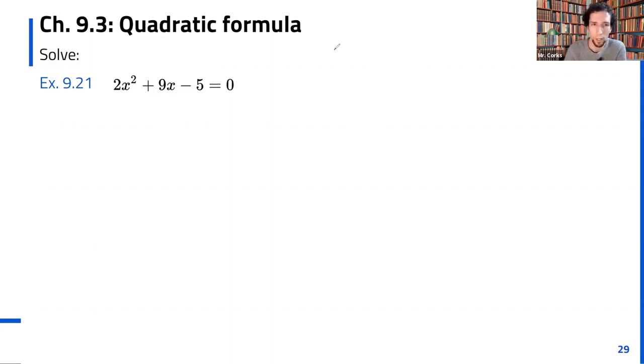Can you remember what it is? Can someone tell me? Minus b, plus minus, like inside the root, square root, b squared minus 4 multiplied by c. AC.